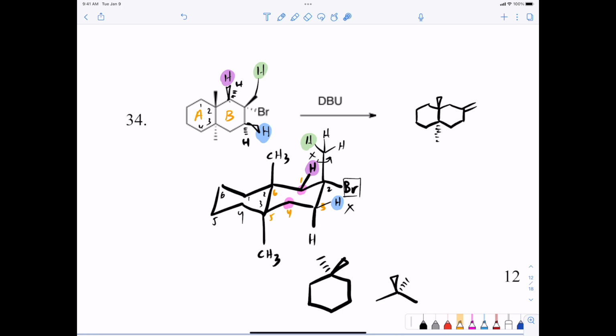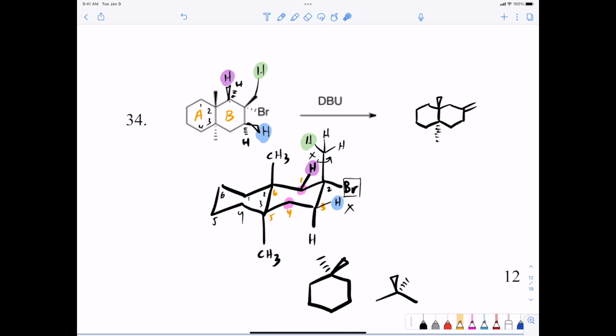This is one of the only cases I can think of where a proton that is trans in a ring to a leaving group can't be anti to the leaving group. So this is a trans-fused decalin for reasons that we talked about before that are not terribly important, and if you don't believe me, you can make a model. It is not possible to make any other chair conformation of this molecule, okay?